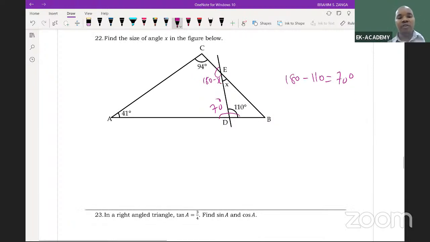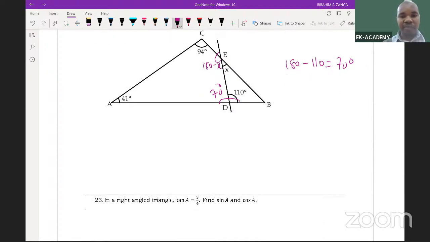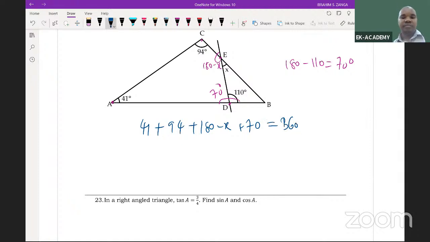Now we have a four-angled polygon. We know that sum of interior angles is going to be equal to 360. So I'm going to take 41 plus 94 plus 180 minus X plus 70. The result is going to be equal to 360. Okay.